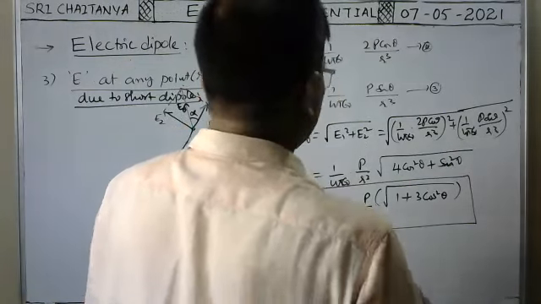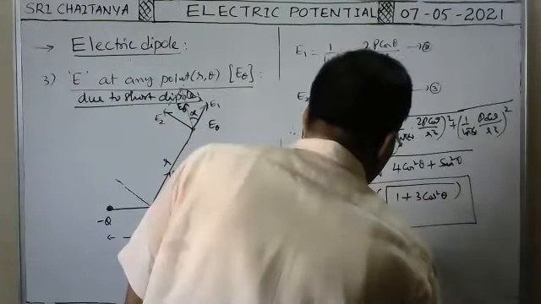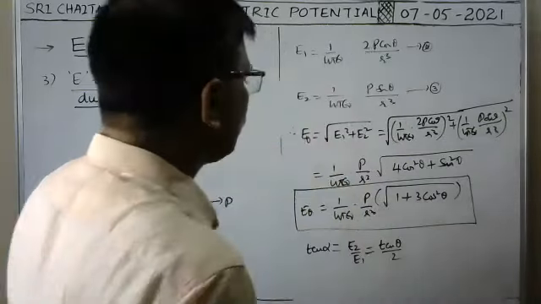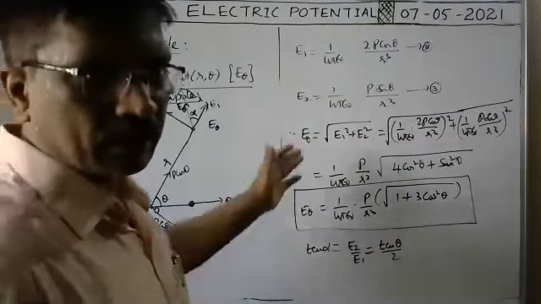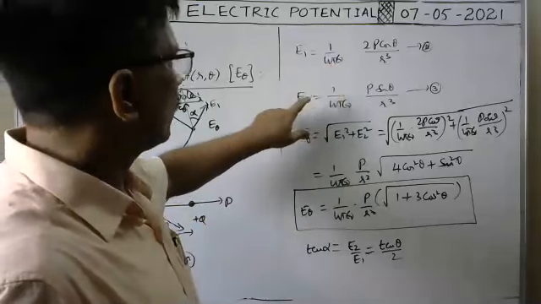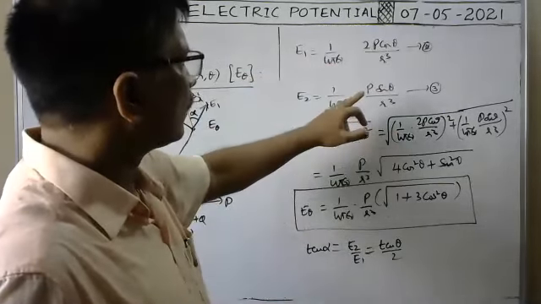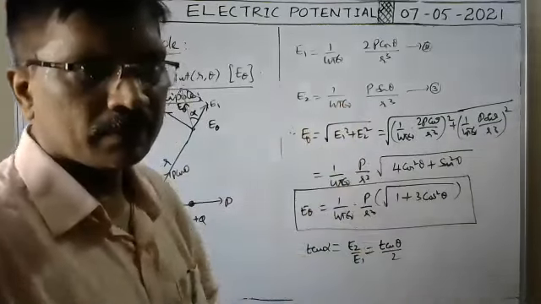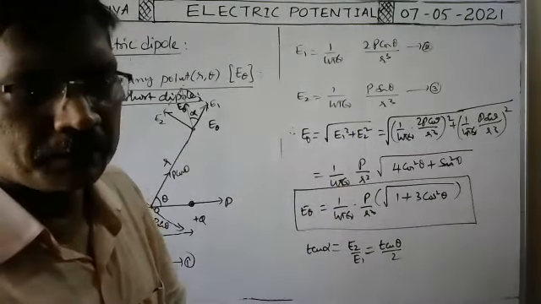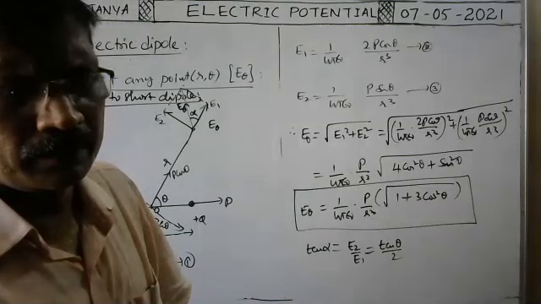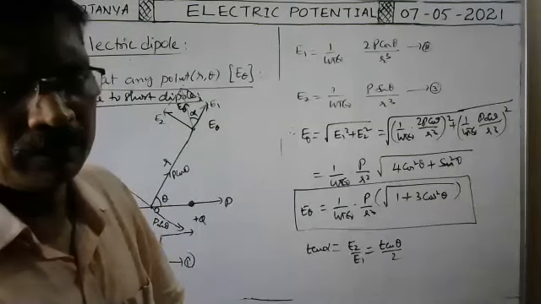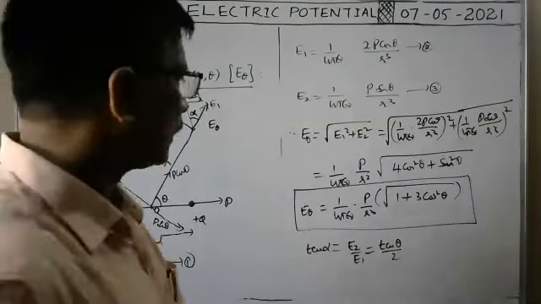Tan theta by 2, no? Tan theta by 2. Am I correct or not? E2 by E1 gives tan theta by 2. Is it correct or not? Yeah, tan theta by 2.